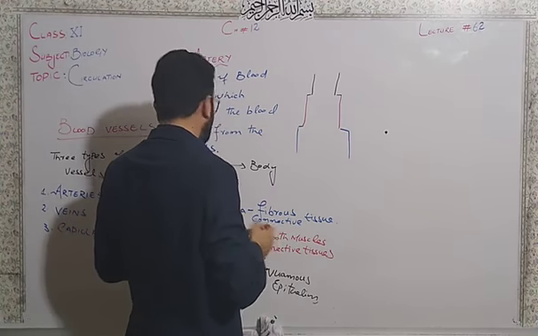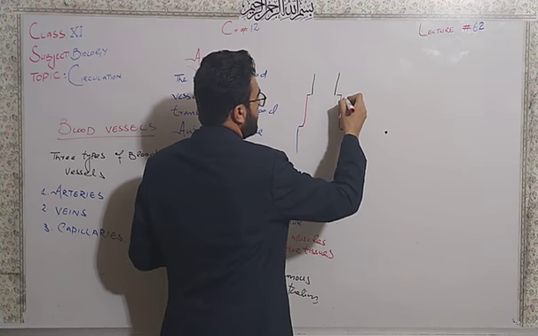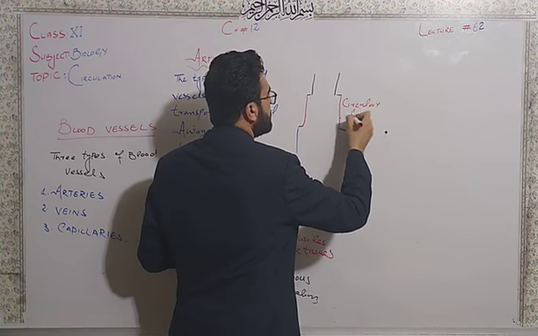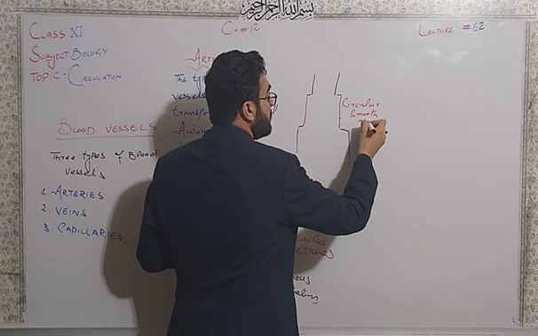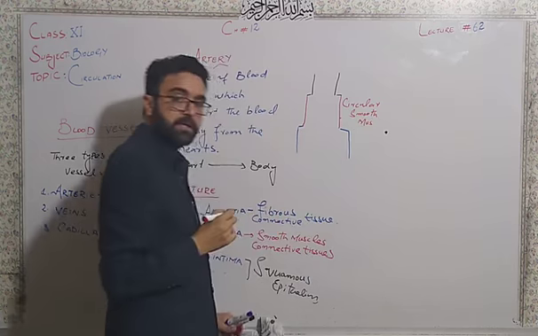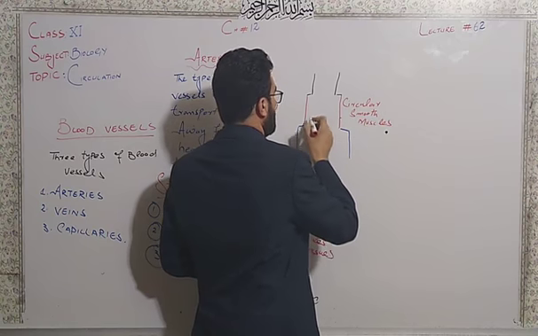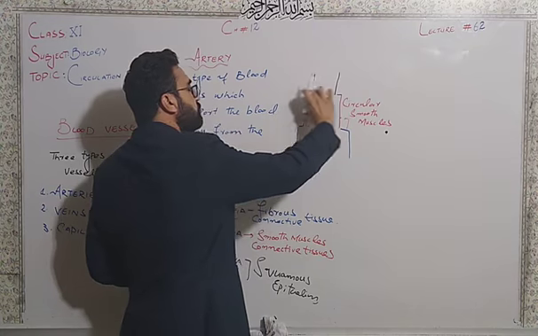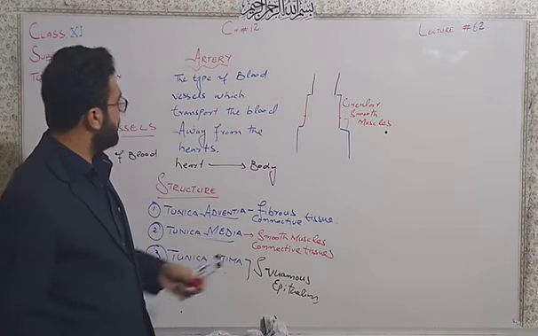The third one, the middle one, has two parts, and circular smooth muscles, which play a vital role in vasoconstriction and vasodilation, along with connective tissues. But we have 2 to 3 layers of circular smooth muscles in the arteries.